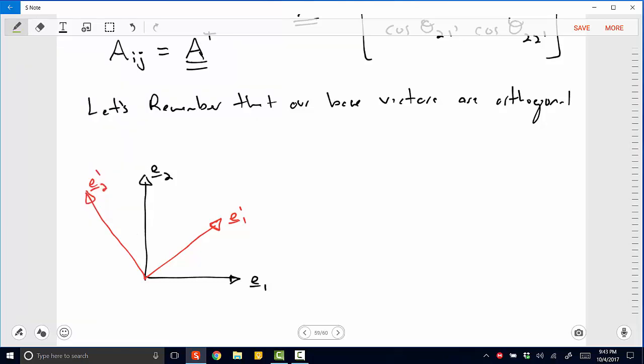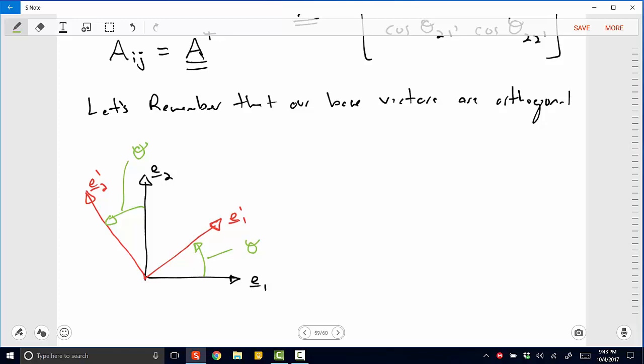So we can basically start with our base vectors 1 and 1 prime, and we can say that the angle between them is a variable theta. Since these are orthogonal, between base vector 2 and 2 prime, we get that same angle theta.